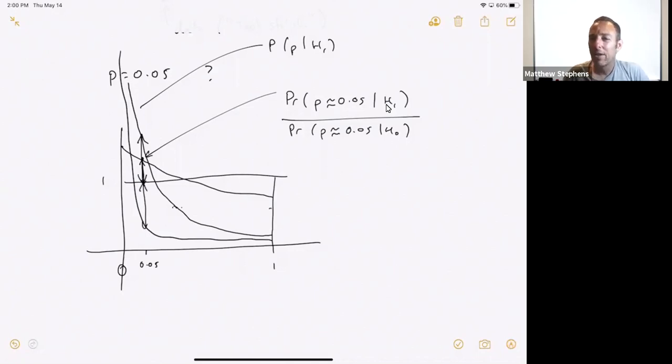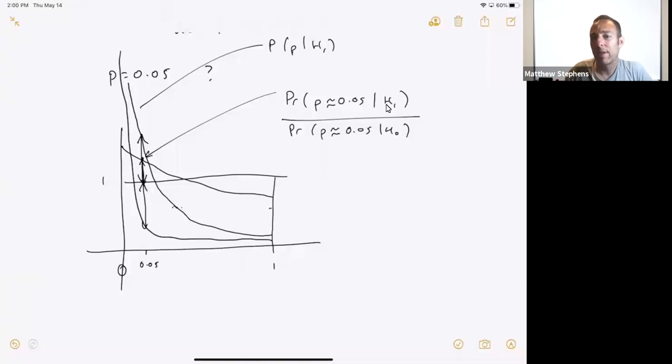Why is that? Well, if the effects are really big, then under the alternative, you actually expect to see p-values much, much smaller than 0.05. So 0.05 becomes very unlikely under that alternative. Okay.